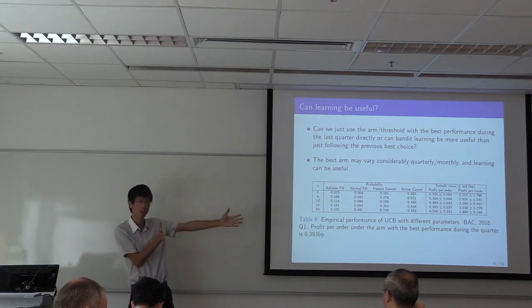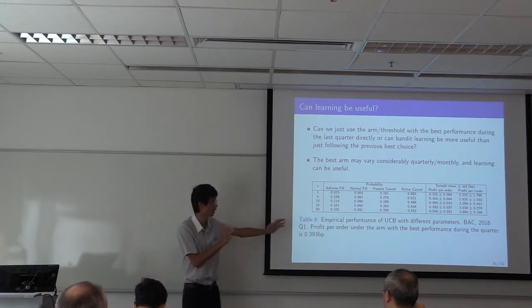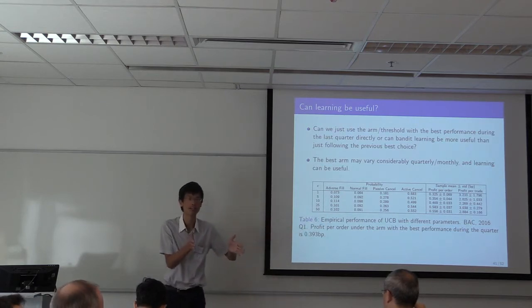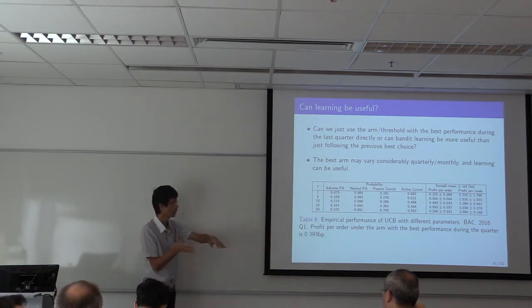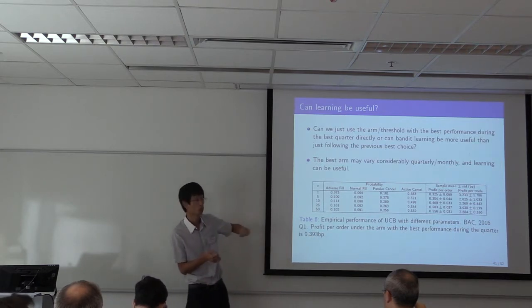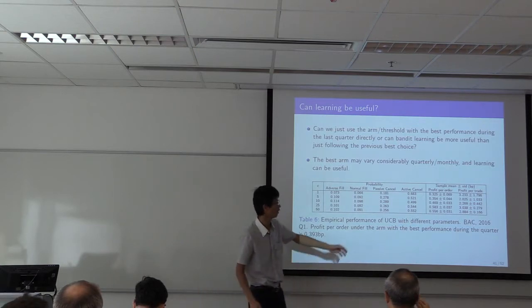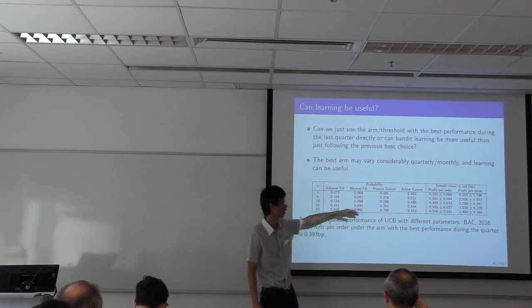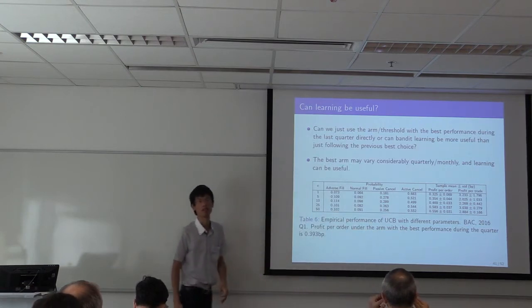If you use just the first quarter of data, let's say the 2015 last quarter, and then you select the best arm, it's going to be worse than this case. So in general, what we can observe is that if you just fix the threshold, it can be worse than a learning algorithm.